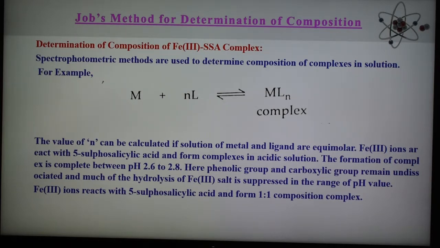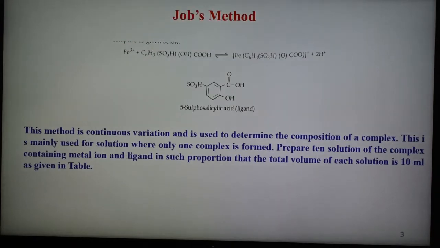So we can say that the metal ion reacts with the ligand and forms a 1:1 composition complex, and this formation of complex is shown in the slide.